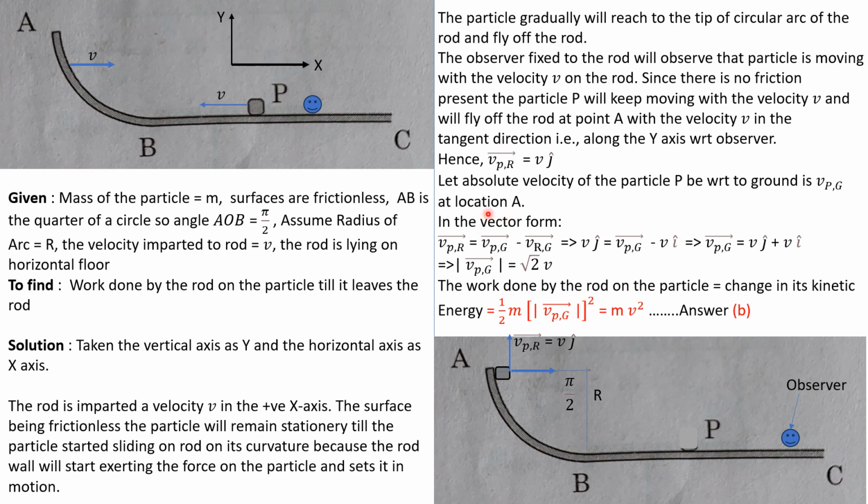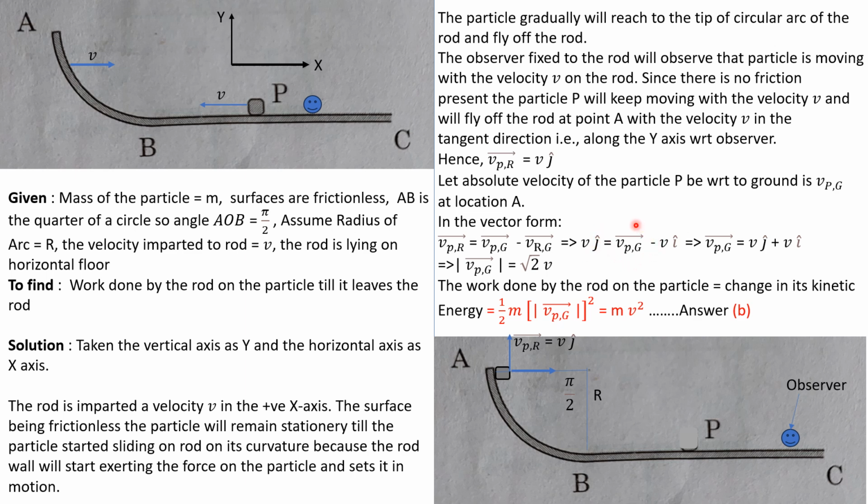Now we know that velocity of particle with respect to rod will be equal to velocity of particle with respect to ground minus velocity of rod with respect to ground. But velocity of particle with respect to rod is V into J.